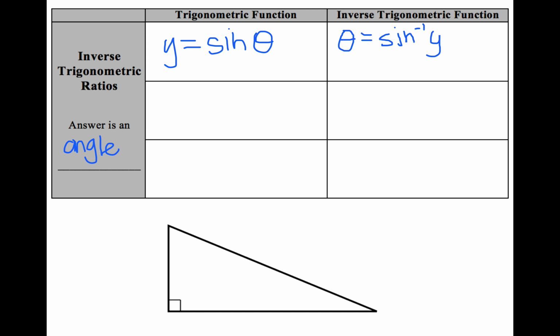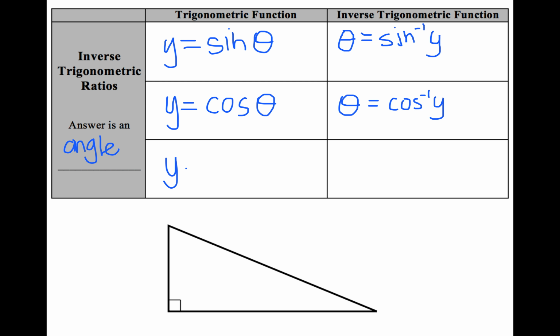We have a similar thing for cosine and tangent. So if I have y is equal to cosine of theta, that means that theta is equal to the inverse cosine of y.